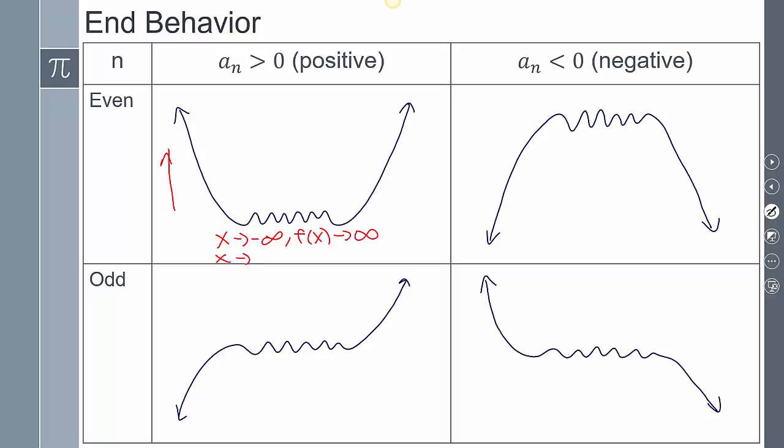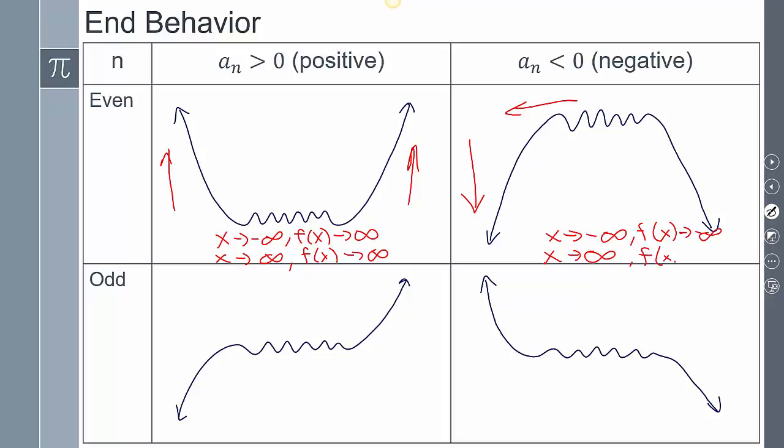As x goes to +infinity, what is my y doing? That's also going up, so my y is going to +infinity. For this one, as x goes to -infinity, my y is going to -infinity.